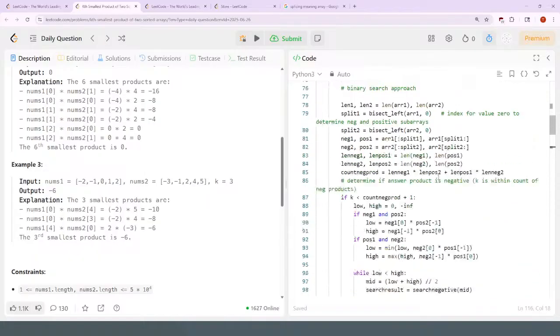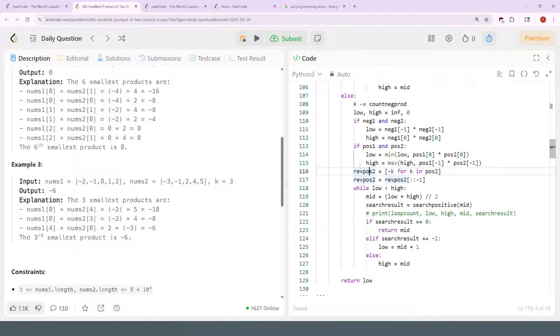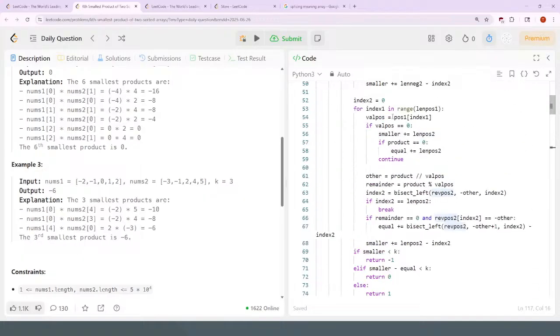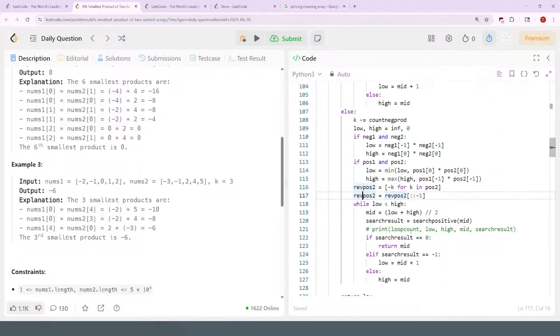Based on why that works, when I work through the positive times positive combinations, it's better if the positives I work with, as they are increasing, have a reversed negative set that they're using for calculating. So the logic is very similar to the other one, but I just had to make that change.